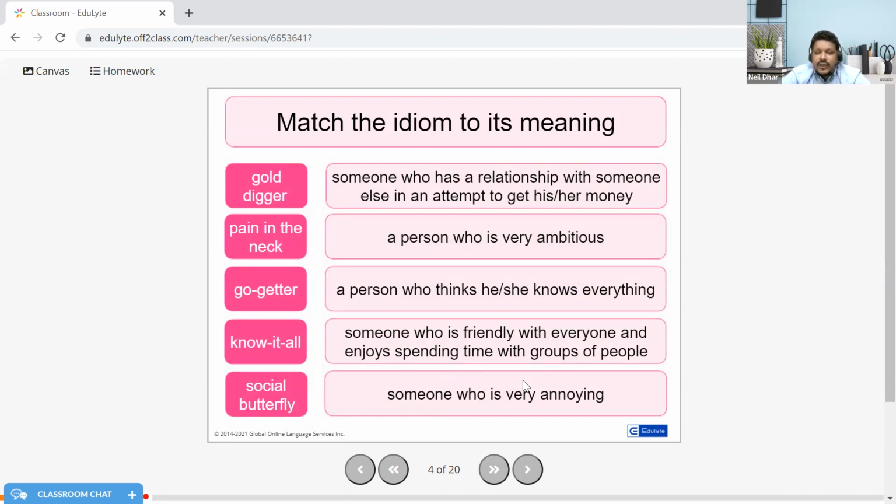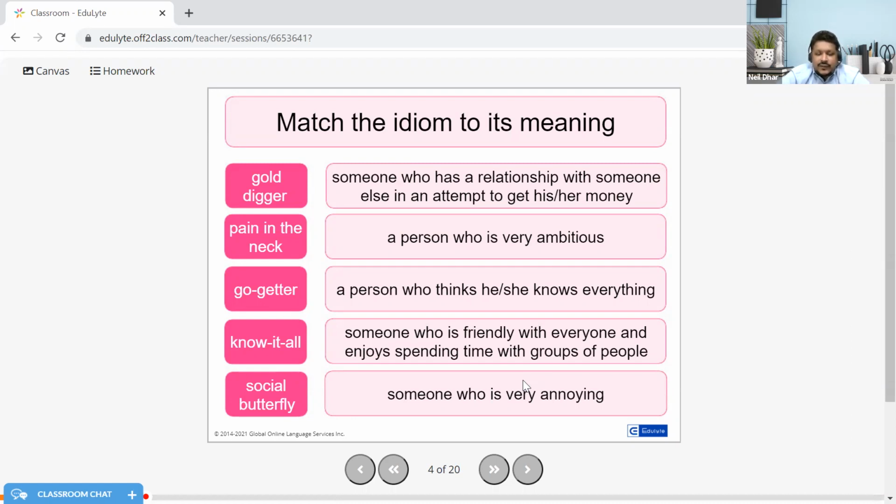A person who is very ambitious. A person who thinks he or she knows everything. Someone who is friendly with people and enjoys spending time with groups of people. Someone who is very annoying.